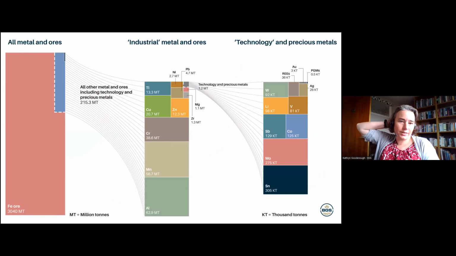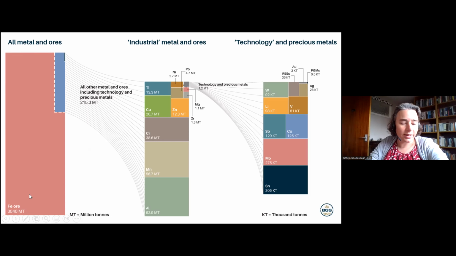But one point to think about with all of this is that when we're talking about critical raw materials, we're really often talking about quite a small part of the world's mineral and metal raw material usage. And this diagram illustrates that. So if you look on the left-hand side, the left-hand bar illustrates all of the metal and ores mined worldwide every year.